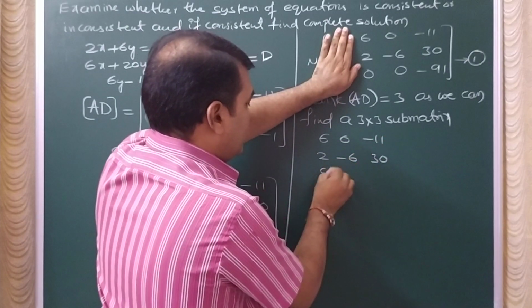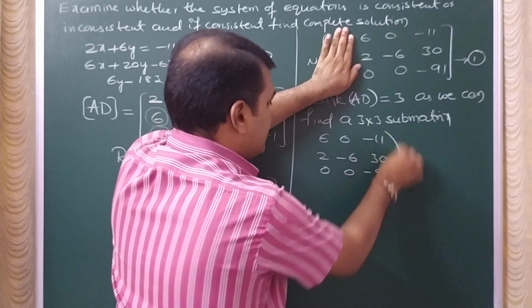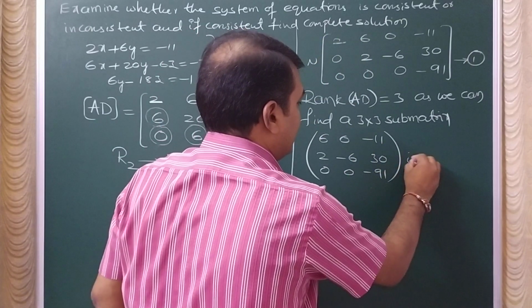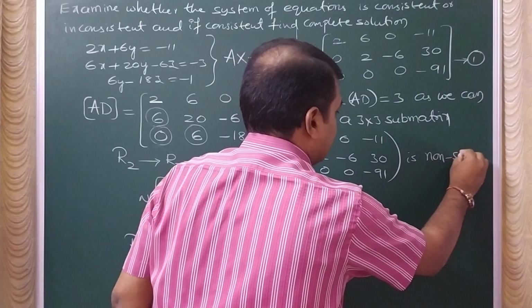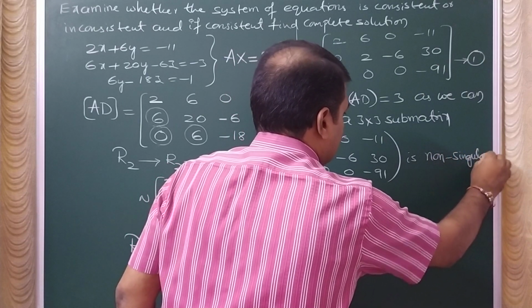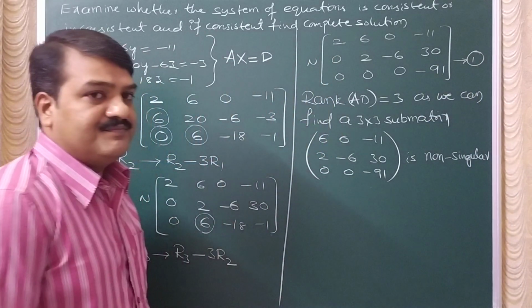This is the 3 by 3 submatrix which is clearly non-singular. So this is the rank of AD.